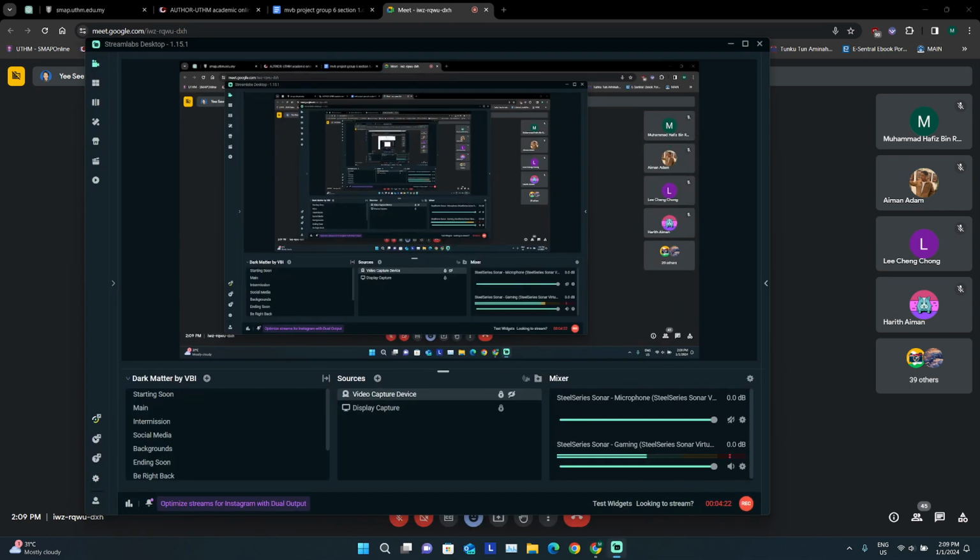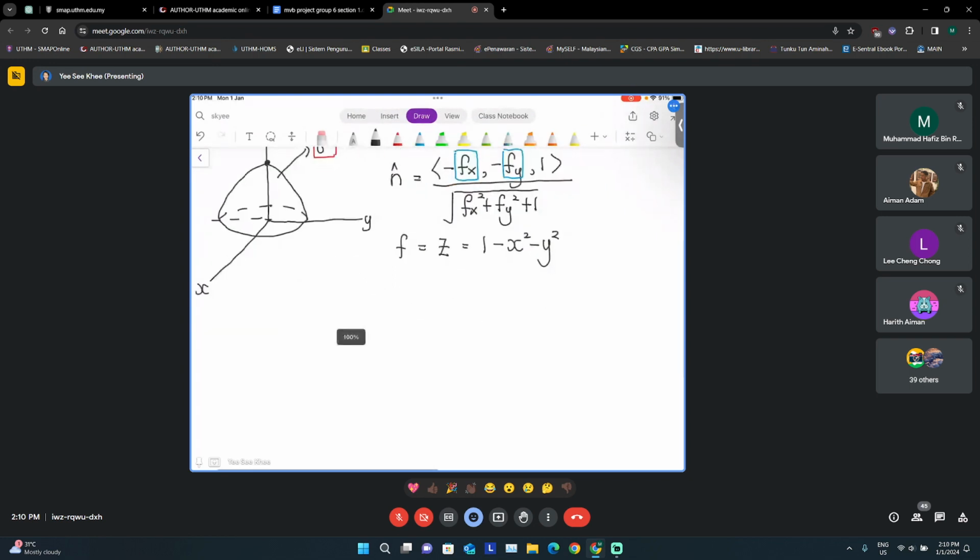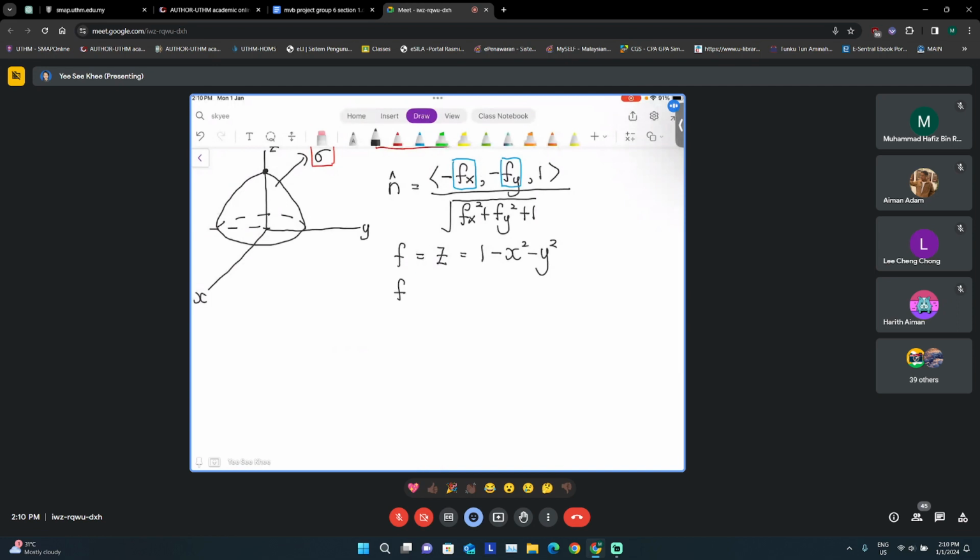What surface do you have in this question? The surface is a paraboloid, whose equation has been given: 1 minus x squared minus y squared. Now you need to perform the fx and also the fy. Just differentiate with respect to x and differentiate with respect to y.